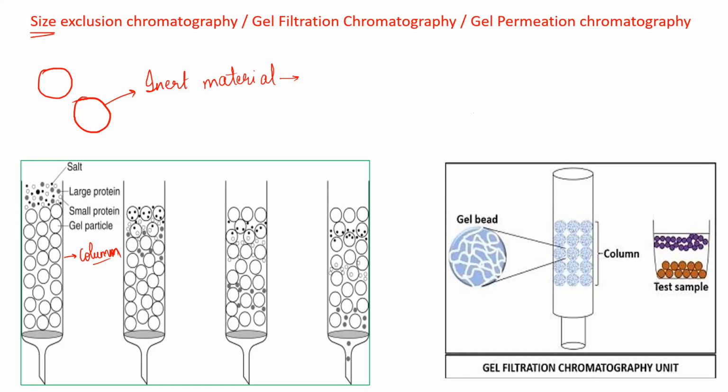So basically it should be inert, that does not react with your analyte also, and it should not react or interact with your mobile phase also. So it has to be inert in nature.